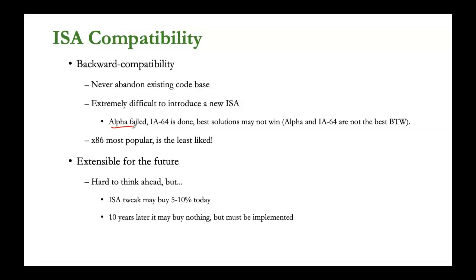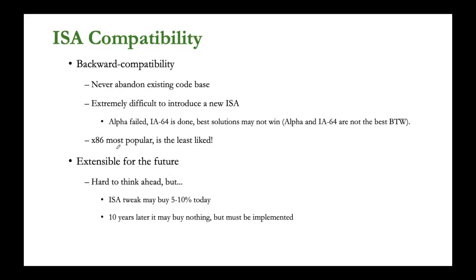So, for example, the Alpha failed because it is extremely difficult to introduce a new ISA. Then IA64 was done, and the best solution may not win; the Alpha and the IA64 are not the best among them. So the 8086 is the most popular for backward compatibility, but is the least liked one.